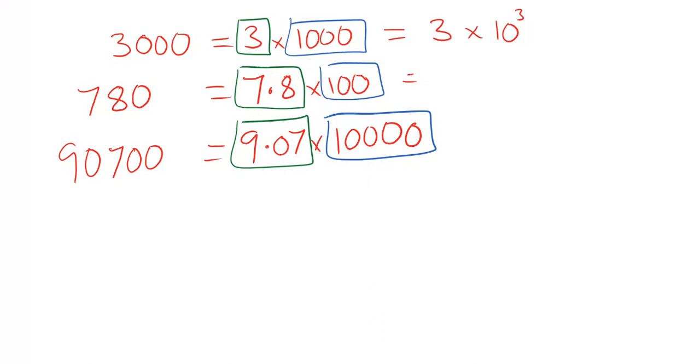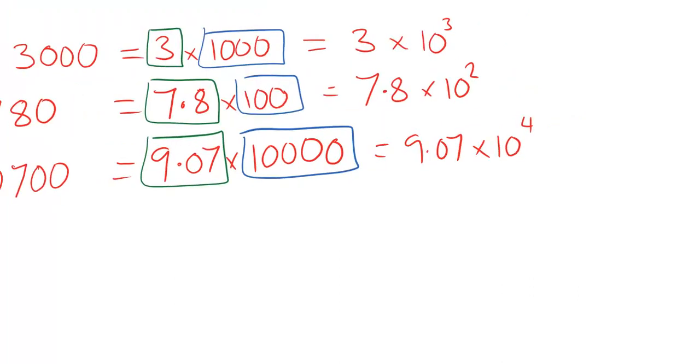And 7.8 times 100, I'm going to write as 7.8 times 10 squared. And 9.07 times 10,000, I'm going to write as 9.07 times 10 to the power of 4.